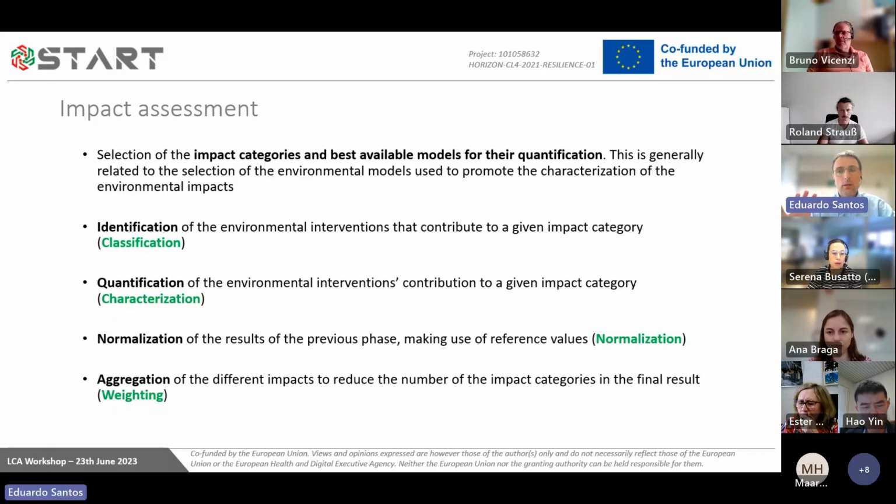Methodologies for impact assessment are usually built on different impact categories. So they don't mix the impacts on, for instance, soil with the impacts on air, or impacts on the water. They have specific individual impact categories that are not related with each other.